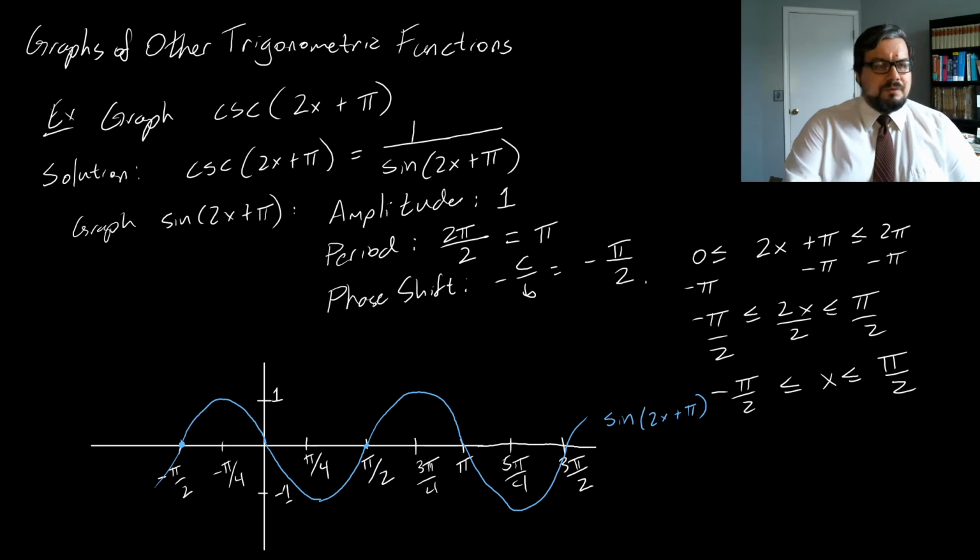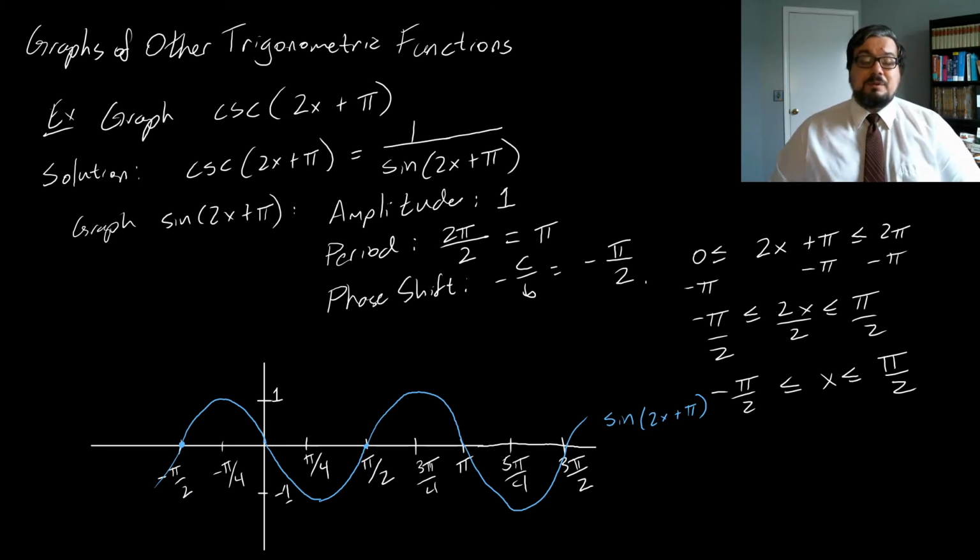Now, cosecant of 2x plus pi is the reciprocal of this. And so, first of all, we want to identify where the asymptotes are. So the asymptotes will appear wherever sine takes the value 0, because cosecant of one of those points would be 1 over 0, which is undefined.